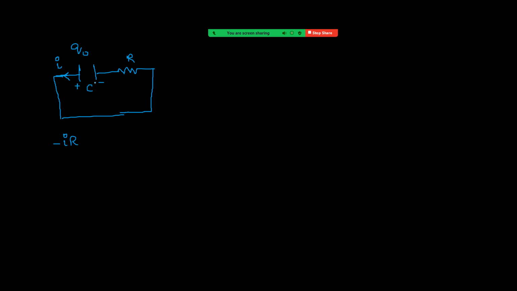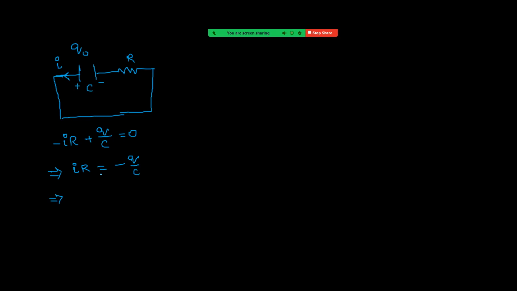Next, from low potential to high potential, plus Q by C, where Q is the charge on the capacitor at one instant. Now see what we can write from here. We can write IR equal to minus Q by C.